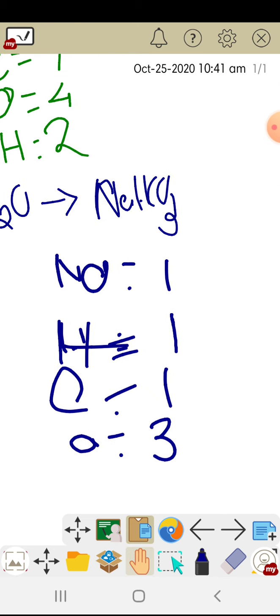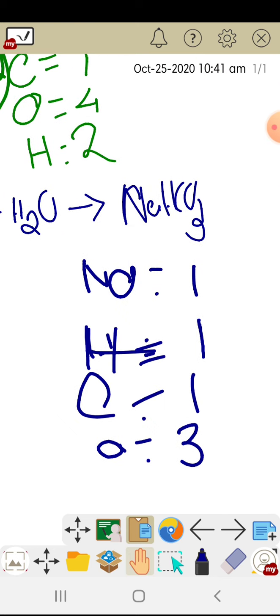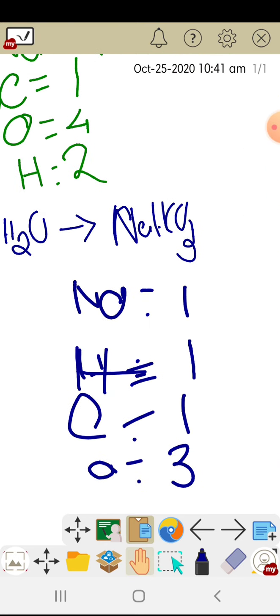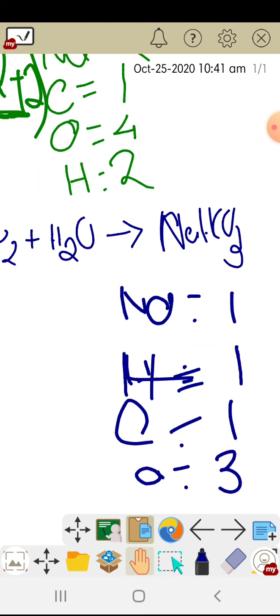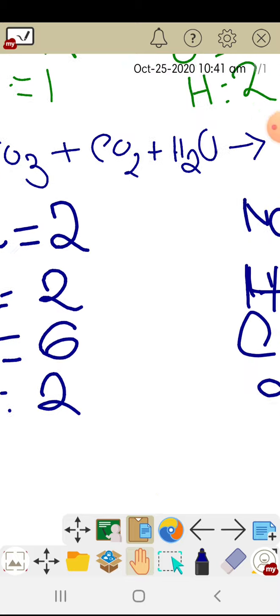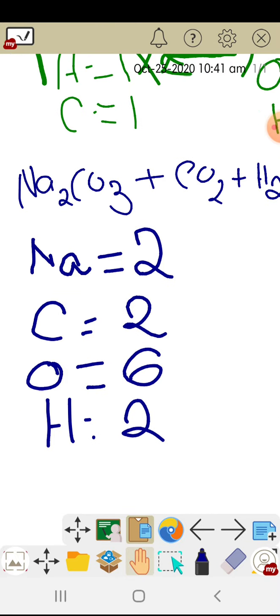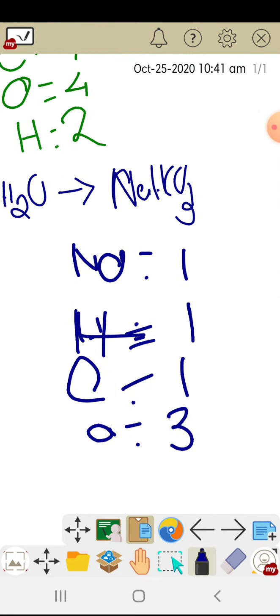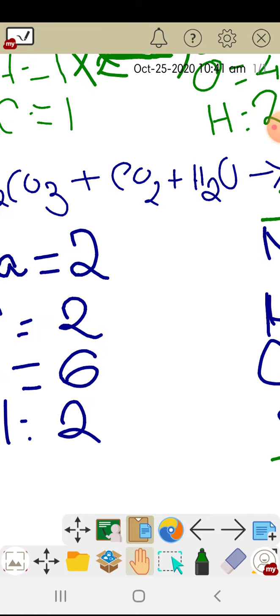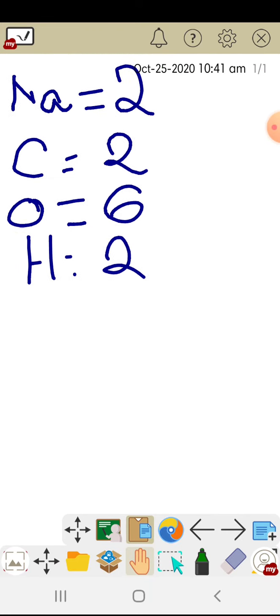All the numbers on this side, multiplying all these numbers with 2 gives this. See, sodium 1 into 2, 2; hydrogen 2; carbon 1 into 2, 2; oxygen 3 into 2, 6. All are giving that number only. So the correct balanced equation will have a 2 placed before this. This is a balanced equation.